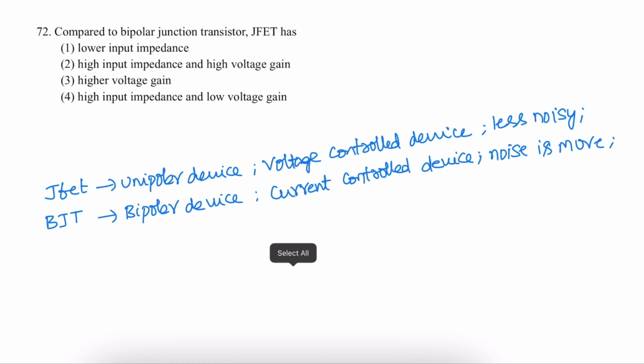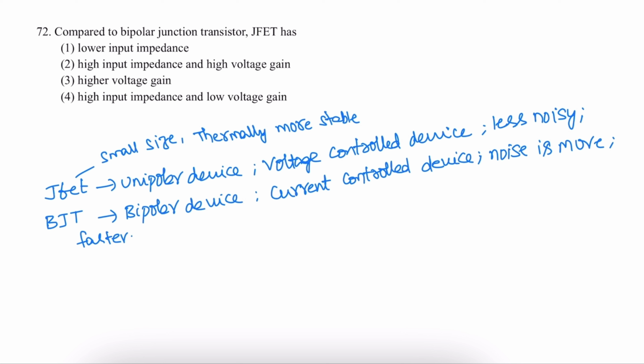FETs are thermally more stable compared to BJT. BJTs are faster, and the voltage gain of BJT is higher when compared to FET.